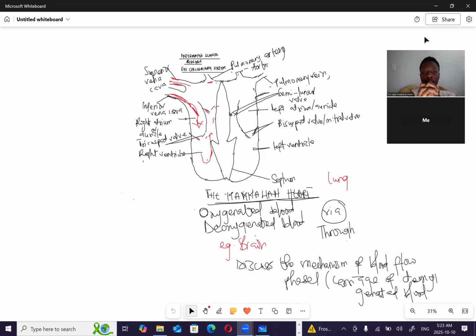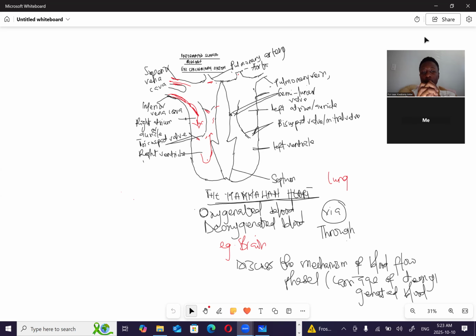Deoxygenated blood from the upper part of the body gets into the heart through the superior vena cava, whilst deoxygenated blood from the lower part of the body gets in through the inferior vena cava to the right atrium.